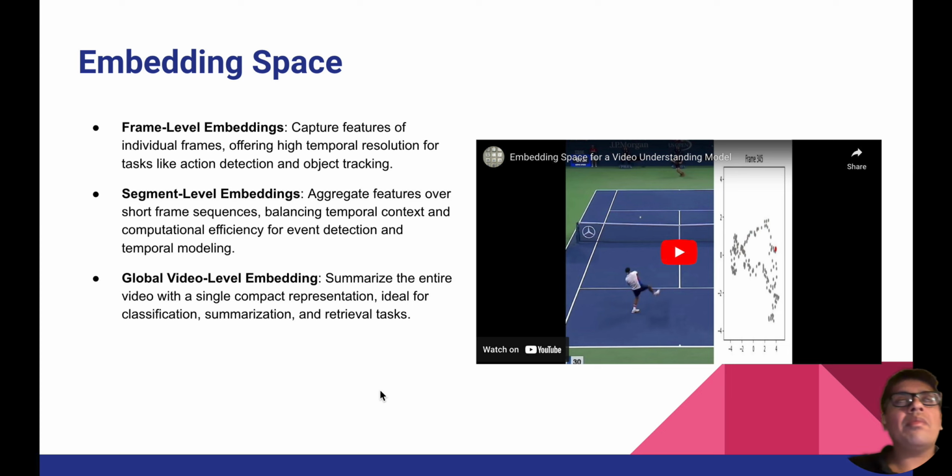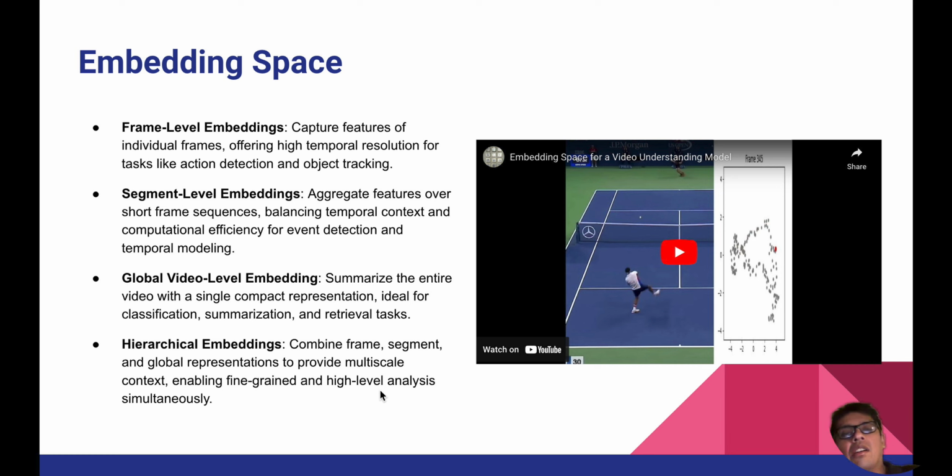And so all these levels, these granularities of embeddings, are actually important for video understanding, because there are all these contexts to consider, and there are different storage requirements for embeddings based on the cost associated with these contexts. And then there's the idea of hierarchical embeddings, where you can combine frame embeddings, segment embeddings, and global representations, so you could get more fine-grained and more nuanced embeddings in terms of context.